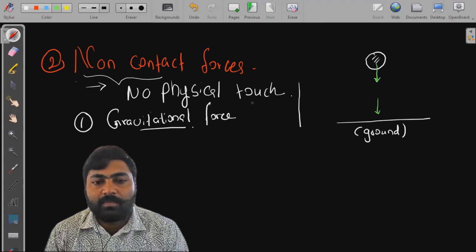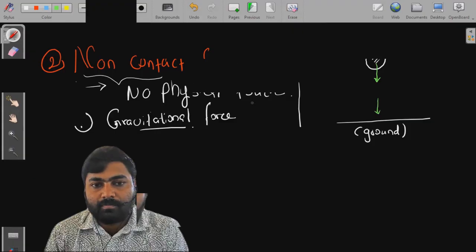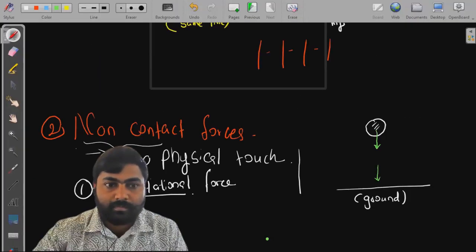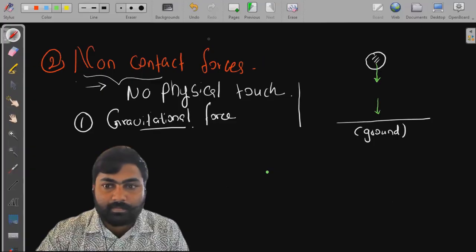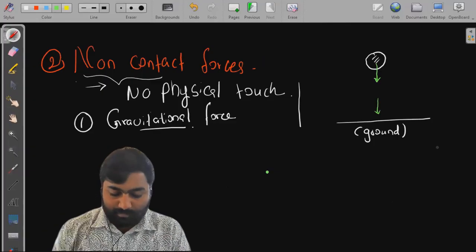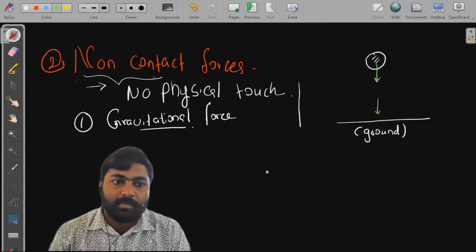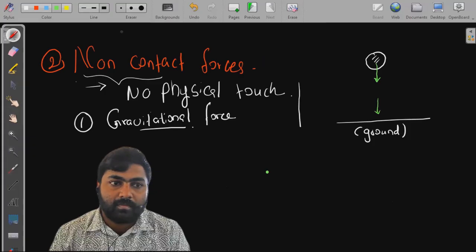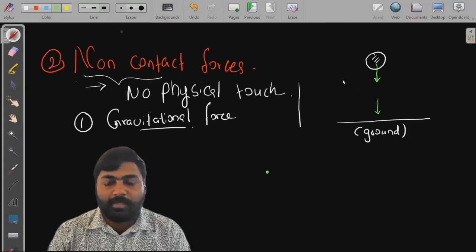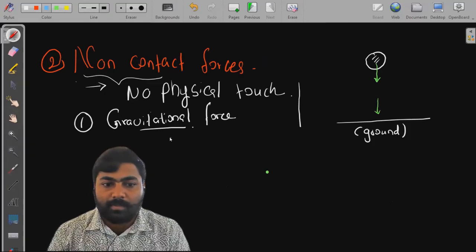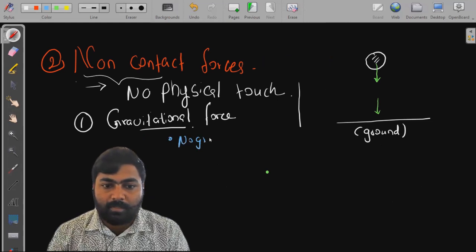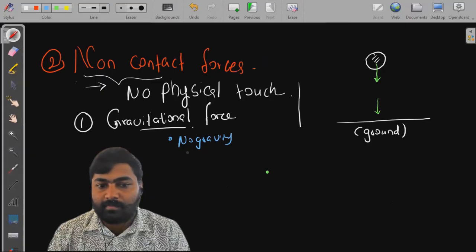A place which does not have gravitational force. Do you have an answer? No, sir. Oh, simple question. In space, what happens? Yes, sir. No gravitational force in space. No gravity.